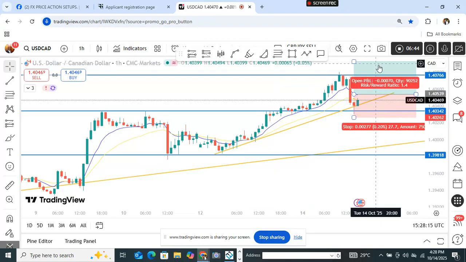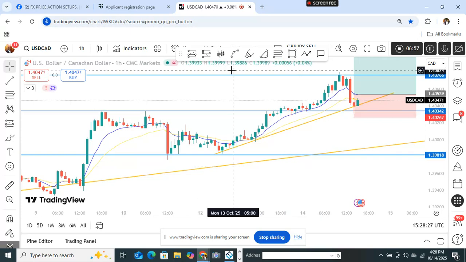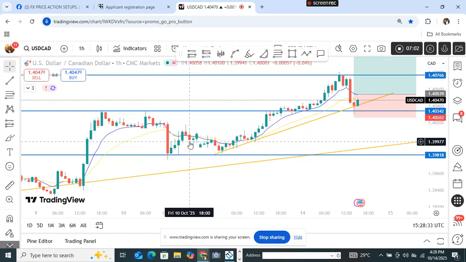So you see we have a very good risk to reward ratio from the projections if we end up entering at 1.40539 as our entry price, and our stop loss at 1.4026.